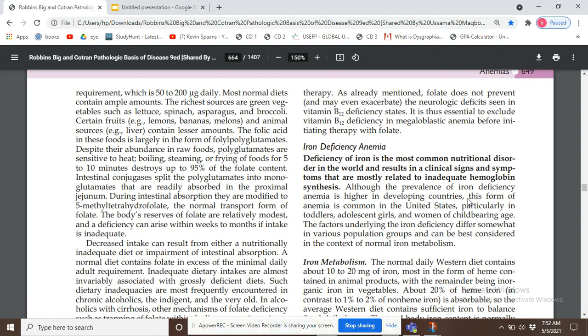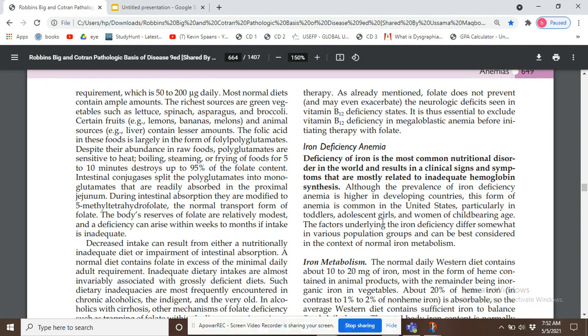Although the prevalence of iron deficiency anemia is higher in developing countries. Why? It is the most common form of anemia worldwide, we know that, but it is more prevalent in developing countries than in developed countries because of poverty, because of dietary lack of iron, and because of decreased absorption of iron from the GIT.